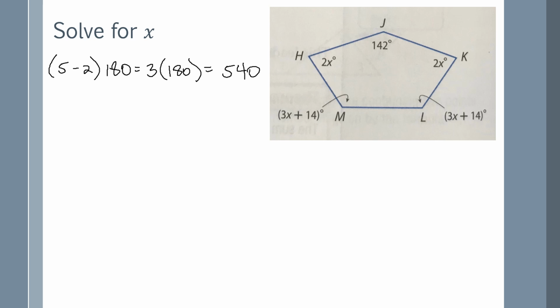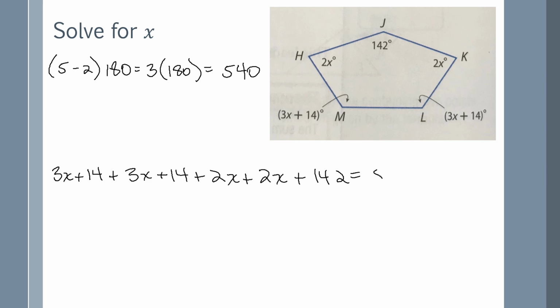Okay, so I'm going to start here at angle M, and I'm going to say 3x plus 14 plus 3x plus 14 plus 2x plus another 2x plus 142 is equal to 540. Now that seems like a lot, so let's go ahead and combine like terms.